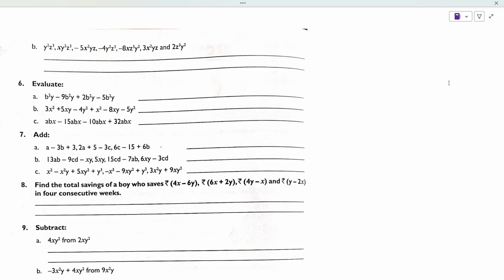From this question, we can see the type wherein we come across situations where we have to add and subtract algebraic expressions.